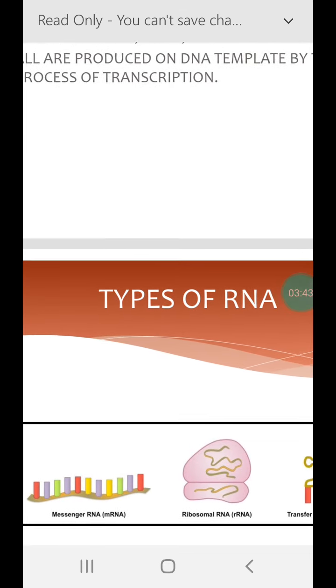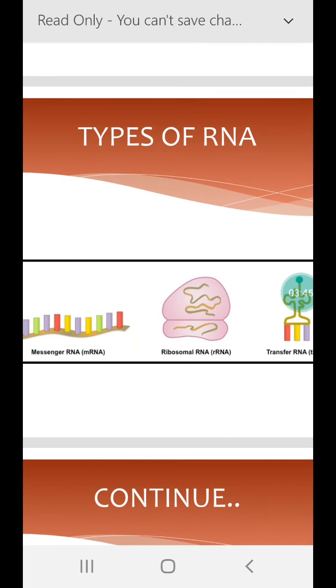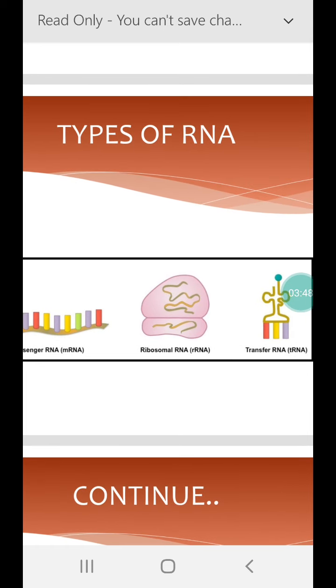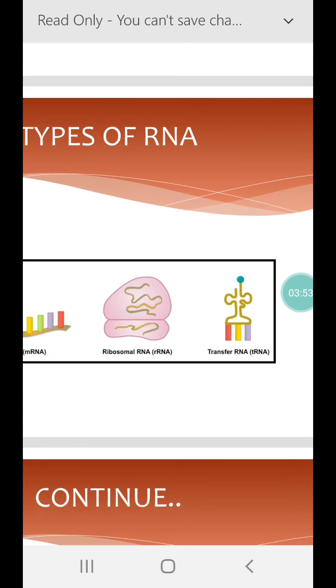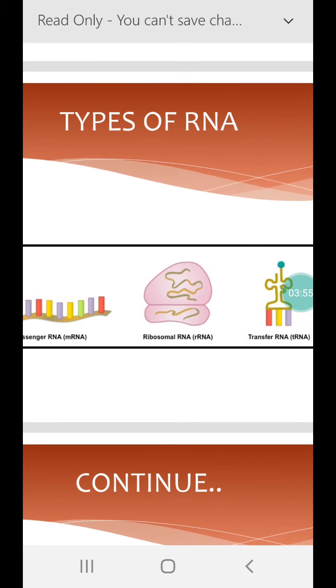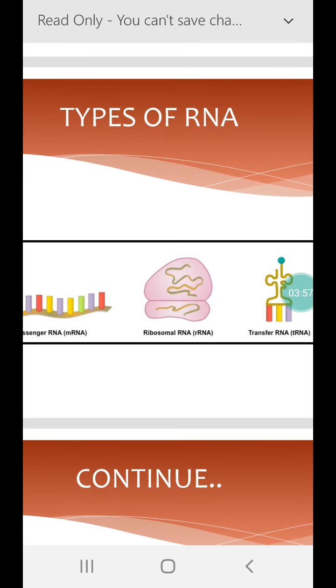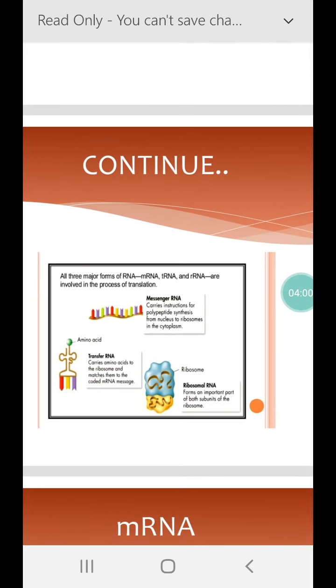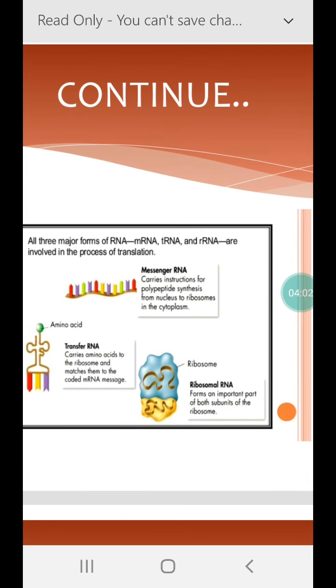So this is the picture of all the 3 types of RNA. First is messenger RNA, second is ribosomal RNA, which requires ribosome subunits, and third is transfer RNA. All 3 major forms of RNA are involved in the process of translation. All 3 means messenger RNA, tRNA and ribosomal RNA.